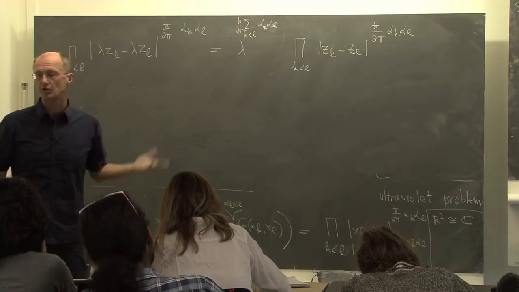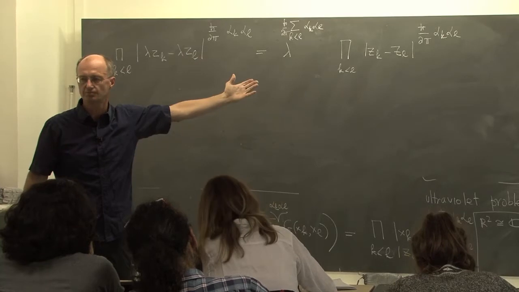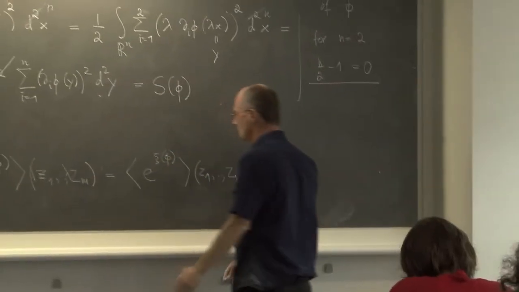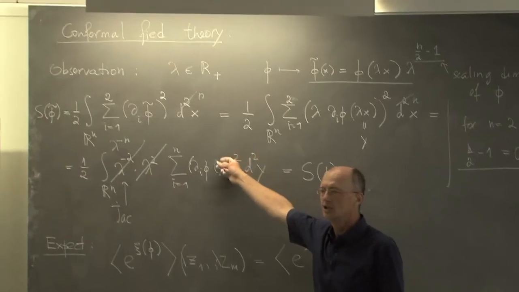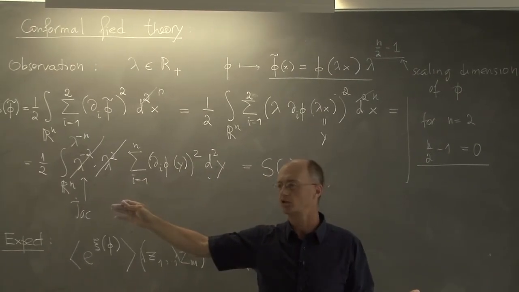First of all, observe that since the alphas were arbitrary numbers, in general this is not zero. So this is interesting news, maybe at first bad news: something which would be true in classical theory is no longer true in quantum theory.